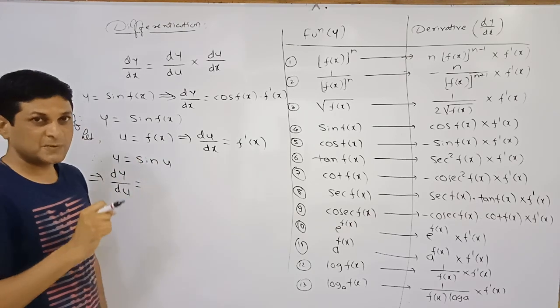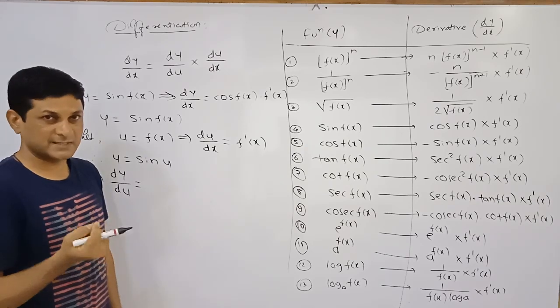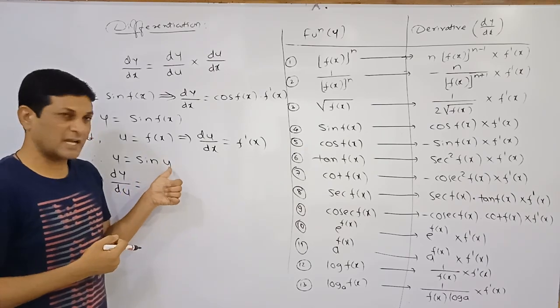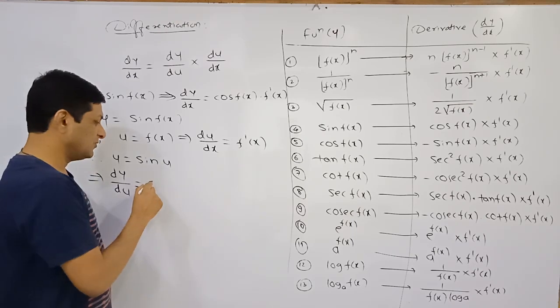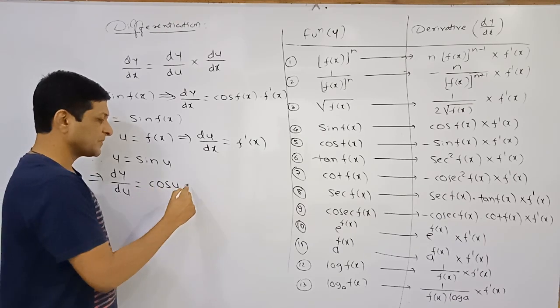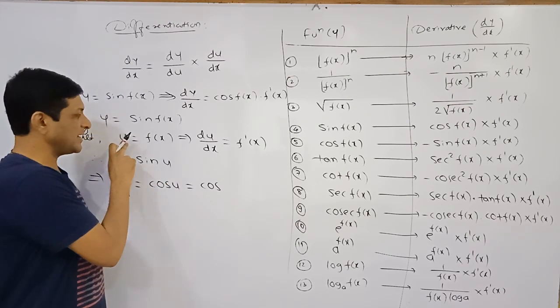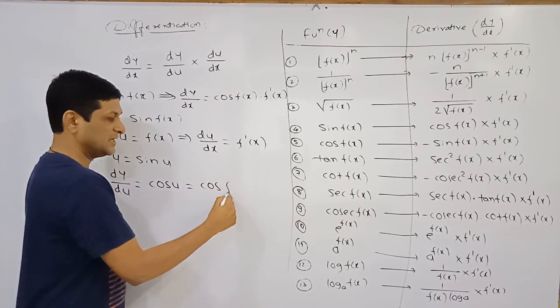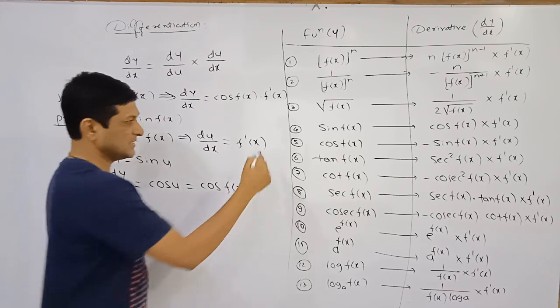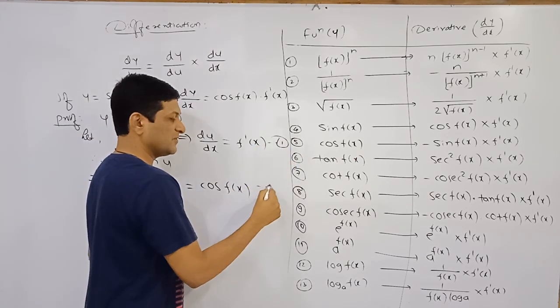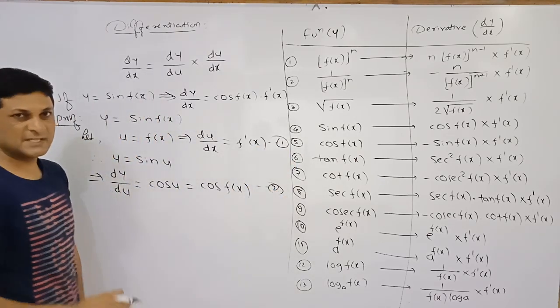We know that derivative of sine x with respect to x is cos x. In the same way, derivative of sine u with respect to u will be equal to cos u. So which is equal to cos, keep it as it is, u I am replacing by its value. What is the value of u? F of x. U is equal to f of x. Let us denote this value by equation number first and this value by equation number second.